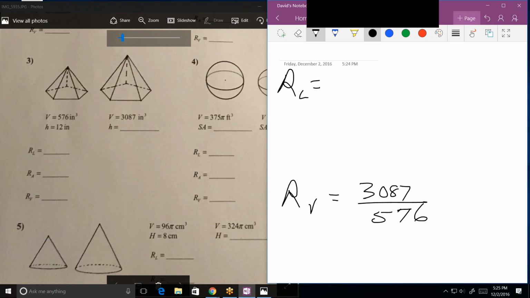Well, you would take the cube root of this, of whatever that number is.